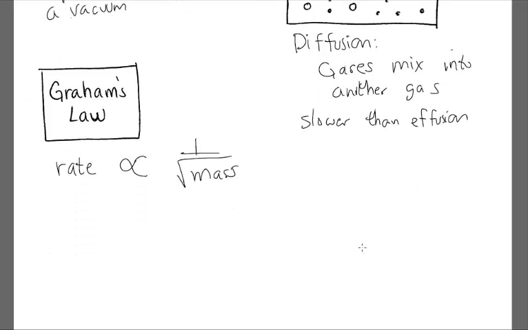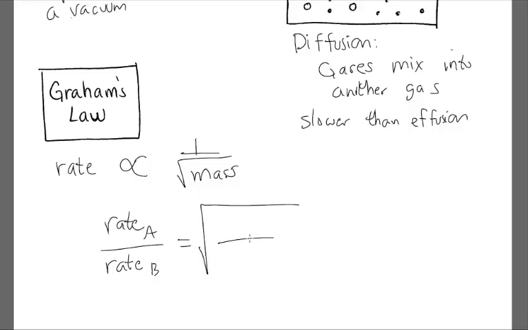So if we want to talk about a comparison for either effusion or diffusion, we can say that the rate for A, whether it's effusion or diffusion, divided by the rate for B is going to equal, since it's inversely proportional to the mass, a big square root with the mass of B on the top and the mass of A on the bottom.